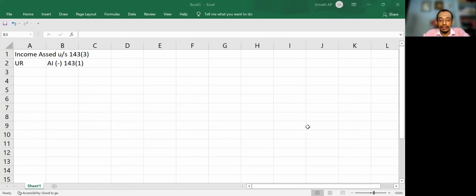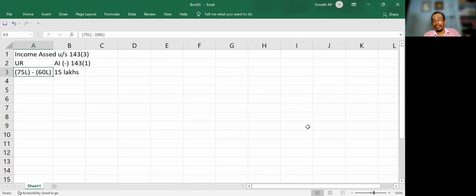That will be 15 lakhs. How did you get that 75 lakhs? That is the income that is assessed minus 143(1). So under reporting of income is 15 lakhs.